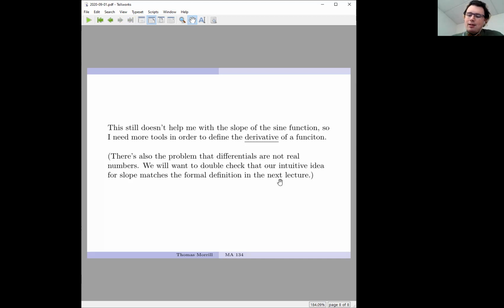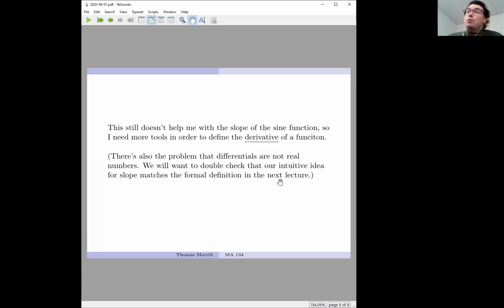But the intuition that the slope of my parabola y equals x squared should be 2x, that is right on the money. So as we build up a theory of derivatives, our intuition is going to carry us to the correct answer.